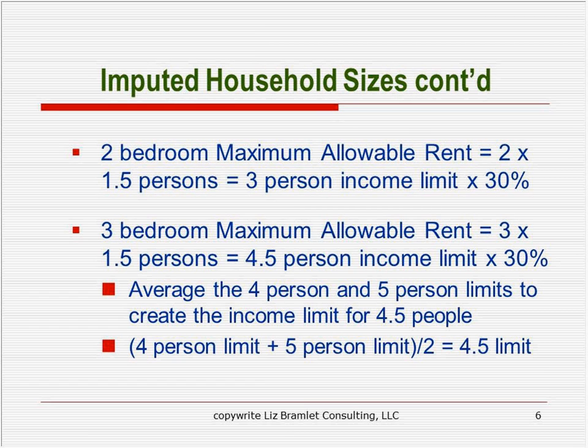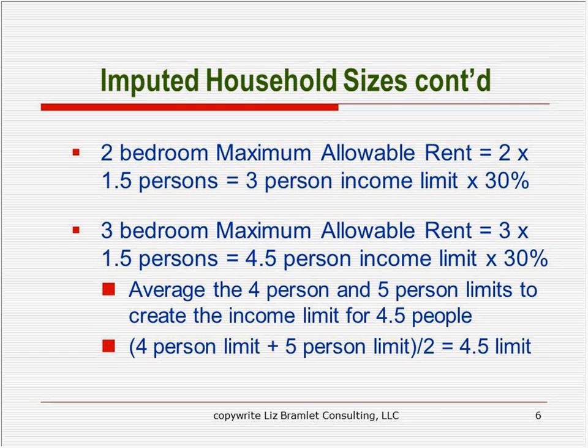For a two-bedroom, we say 2 bedrooms times 1.5 persons is 3 persons. So the maximum allowable tax credit rent is 30% of the project's income limit for 3 persons. For a 3-bedroom, we say 3 bedrooms times 1.5 persons equals 4.5 persons. So the maximum allowable tax credit rent for a 3-bedroom apartment is 30% of the project's income limit for 4.5 persons.